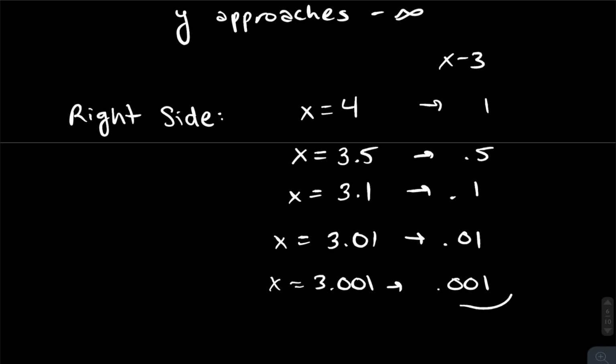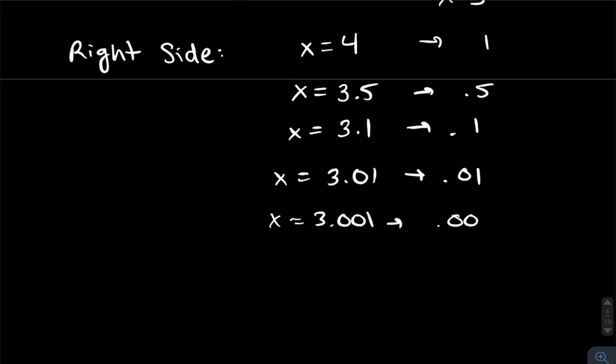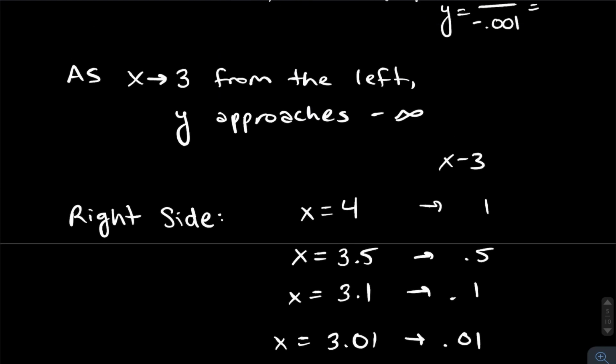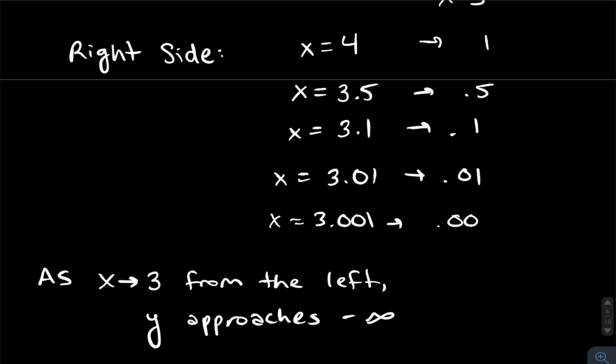So as x approaches 3 from the right, this function is going to approach infinity, because we're dealing with positives here, whereas in the last problem we were dealing with negatives. So we'll write the same thing here. As x approaches 3 from the right, y is going to approach infinity, not negative infinity.